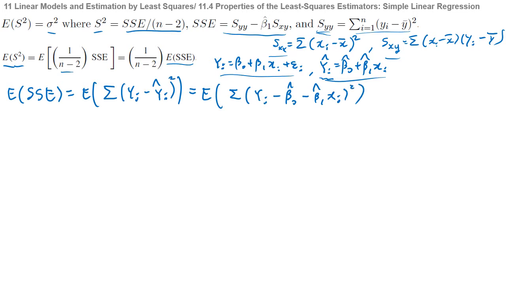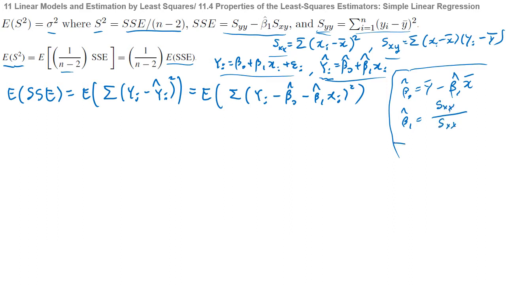We have a square here. Now let's use what we previously solved. Beta 0 hat is y bar minus beta 1 hat x bar. And what was beta 1 hat? Beta 1 hat was SXY divided by SXX.